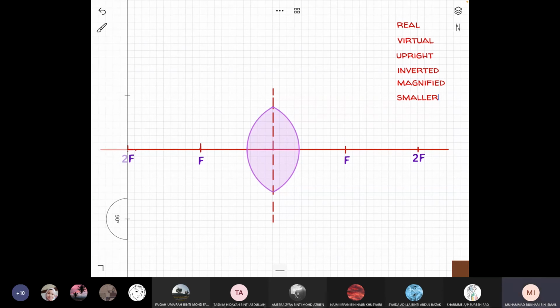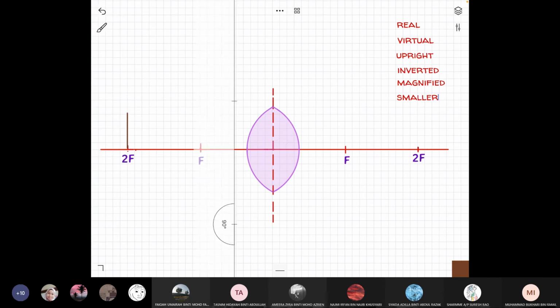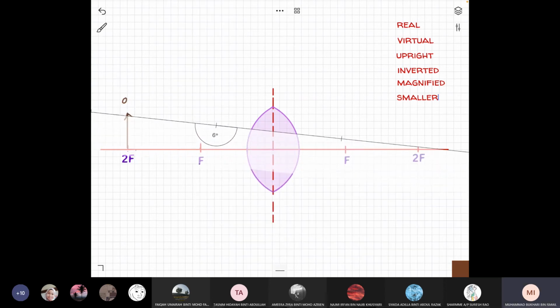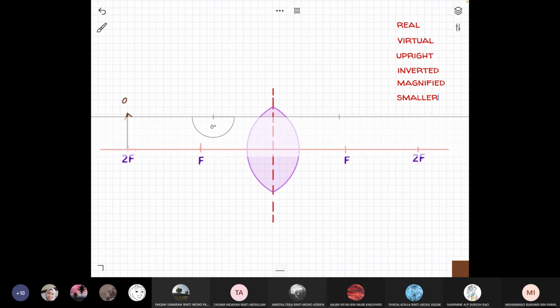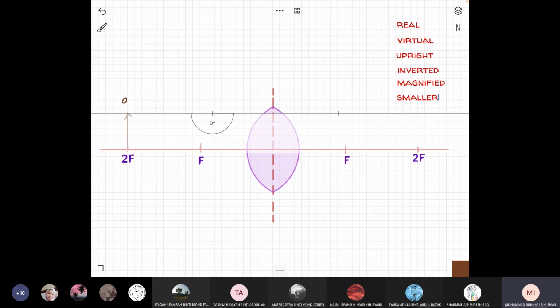This is O. O stands for object. Let's try to apply the second rule. Actually, you can apply all three rules. You're going to get the same characteristics of the image, and also the same position of the image.